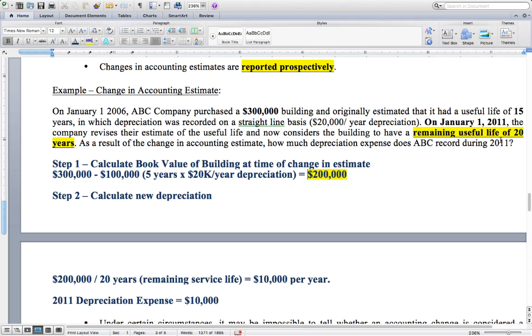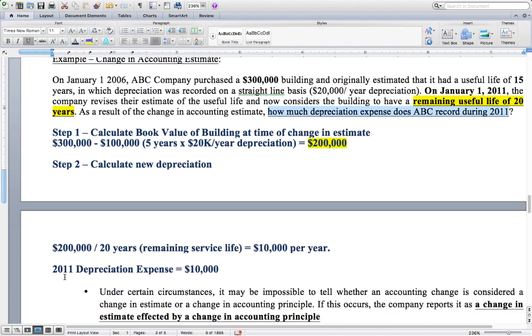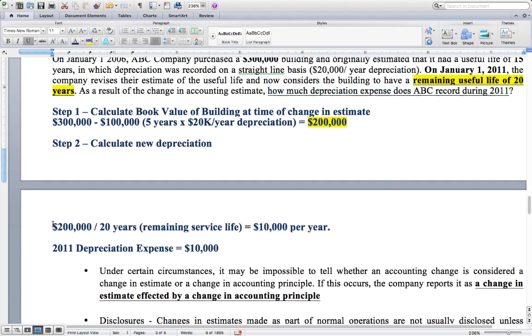Now, since we applied the change prospectively, we need to figure out what the new depreciation expense is going to be each period. So we can answer the question of how much depreciation expense they should record in 2011. All you have to do is take your new book value you just calculated and divide it by the remaining service life of 20 years.